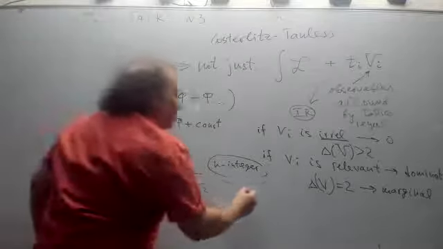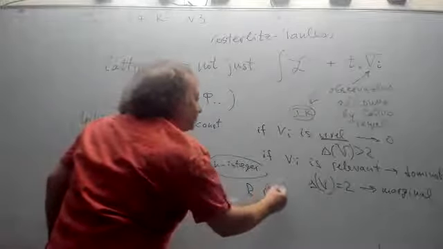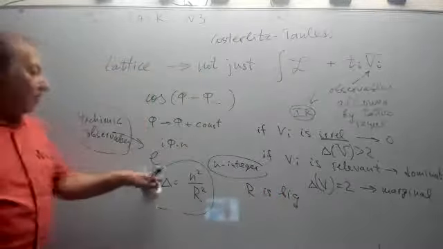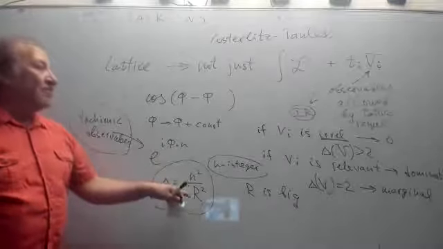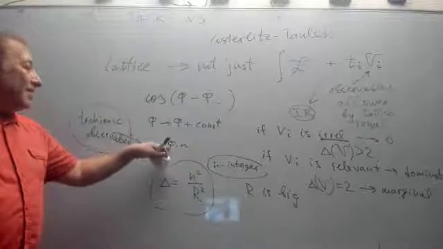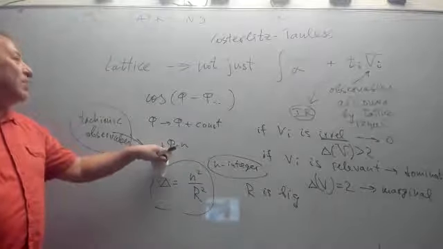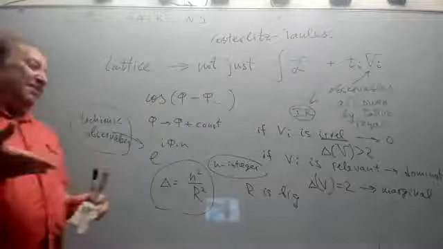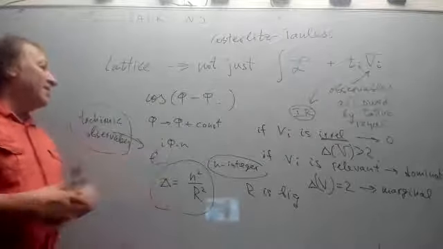So when R is big, they, of course, have small conformal dimension. They are relevant. However, they are not generated because you have the symmetry. So if the lattice preserves the symmetry, these are not generated.